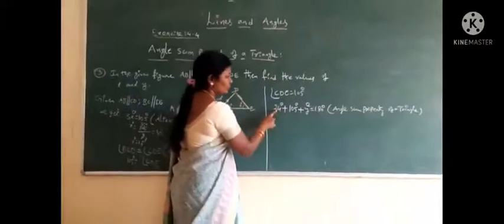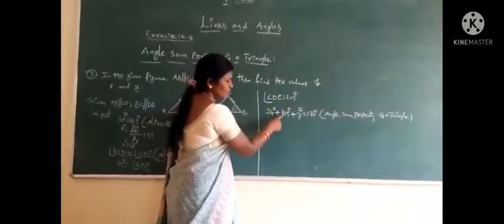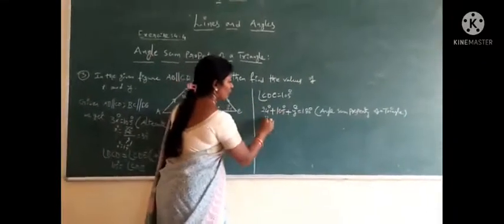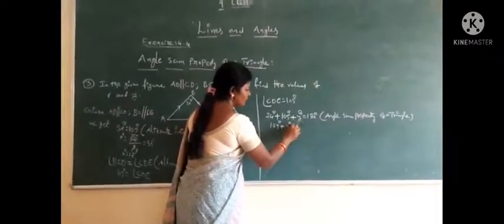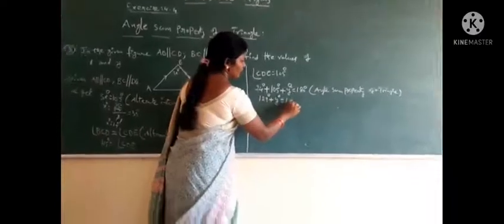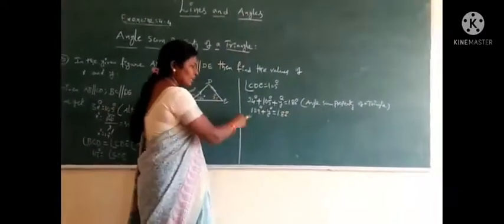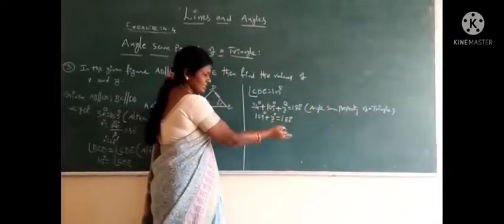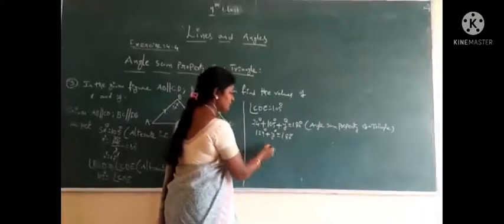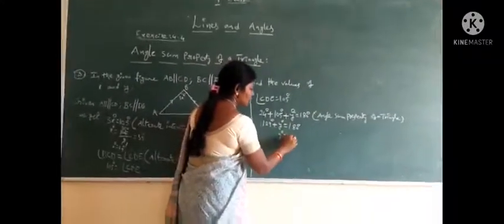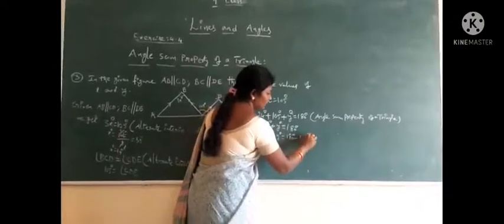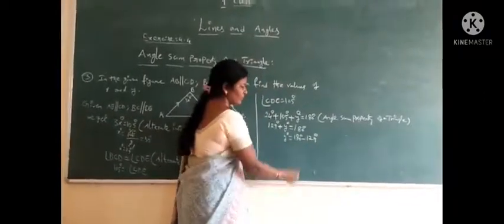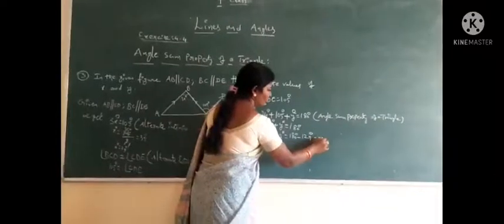So 24 degrees plus 105 degrees is 129 degrees, plus y degrees is equal to 180 degrees. 129 degrees goes to the other side as minus 129 degrees. So 180 degrees minus 129 degrees is equal to 51 degrees.